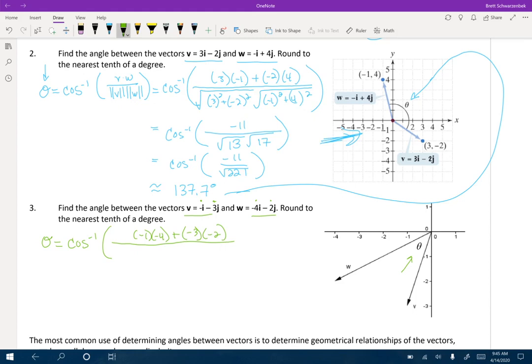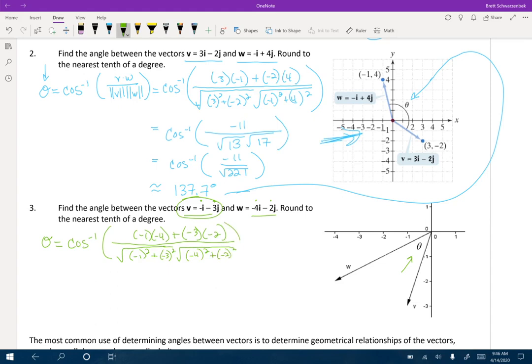In the denominator, we're going to take each one of the vectors individually. We're going to square each of their components, and we are going to add them inside the radical. Then same thing, we're going to multiply that whole quantity times another radical, which is squaring each of the components and taking their sum.